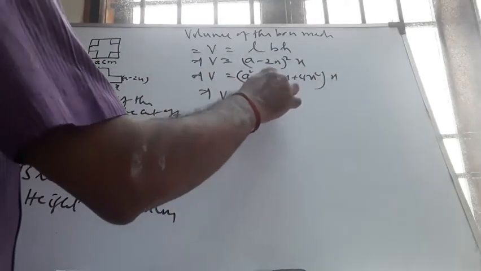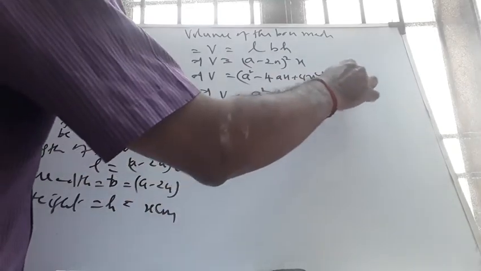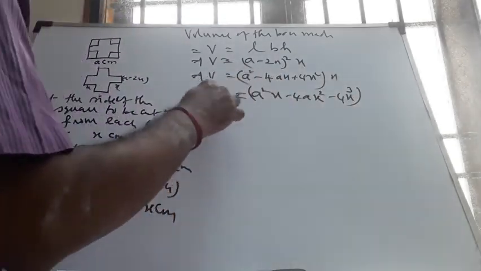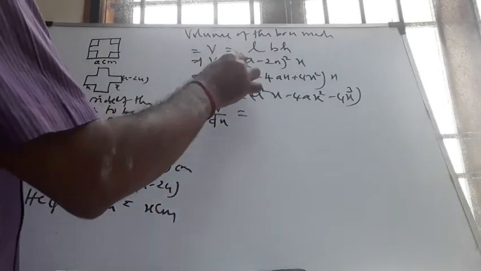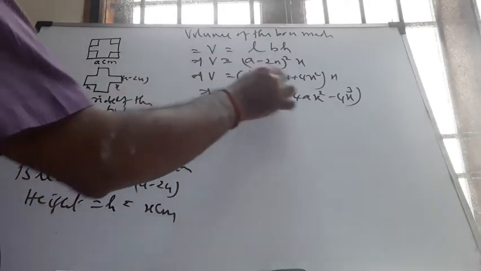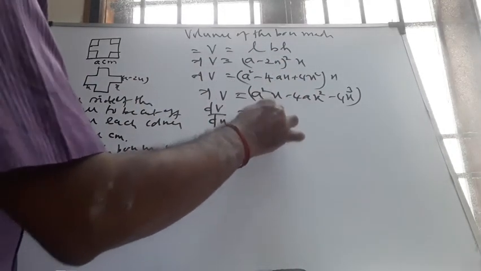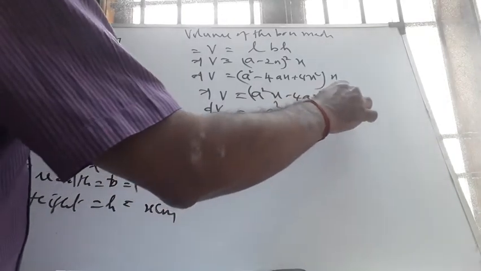V is equal to a square x minus 4ax square plus 4x cube. Now dV by dx is equal to, I repeat, a square minus, applying the (a minus 2x) whole square formula, 2 into 2, 4ax plus 4x square, and for here it is reduced to a square minus 8ax plus 12x square.